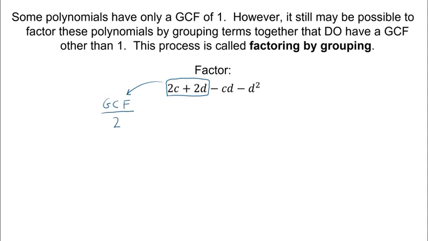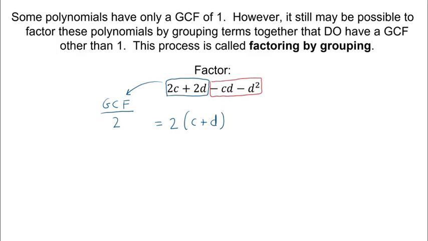So let's factor out a GCF of 2 from the first 2 terms. That would give us a GCF of 2 times the sum c plus d. Now let's group our last 2 terms together, negative cd and minus d squared.